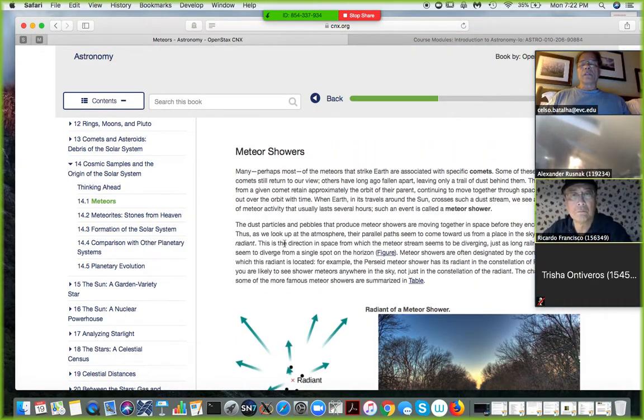Meteor showers happen to be associated with comets. So when comets approach the sun, its radiation and solar wind happen to evaporate and liberate particles that happen to be trapped in the comet body itself. And because of the heat, these particles are released as the comets go away.